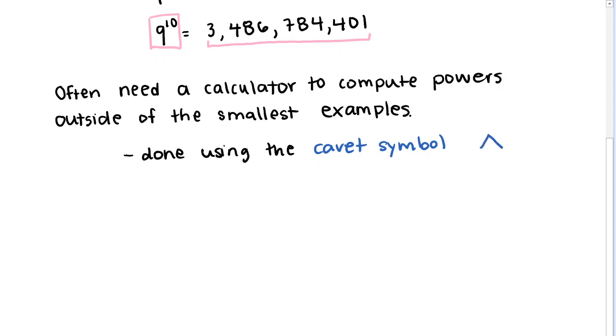This is used to denote an exponent. The thing that follows this caret symbol will be the exponent of the base. And so how would we write this? We might write 9 to the 10th as 9, then the caret symbol, 10. So that's how we can write it in a calculator.